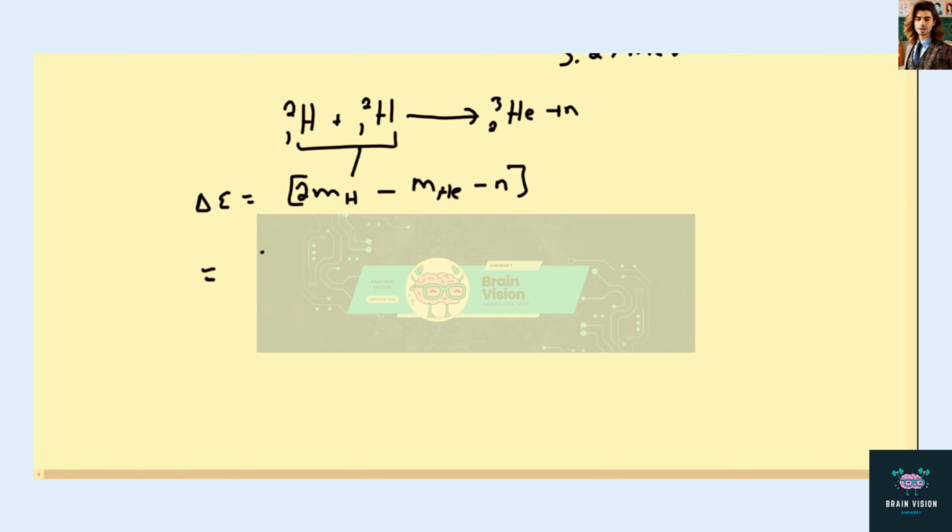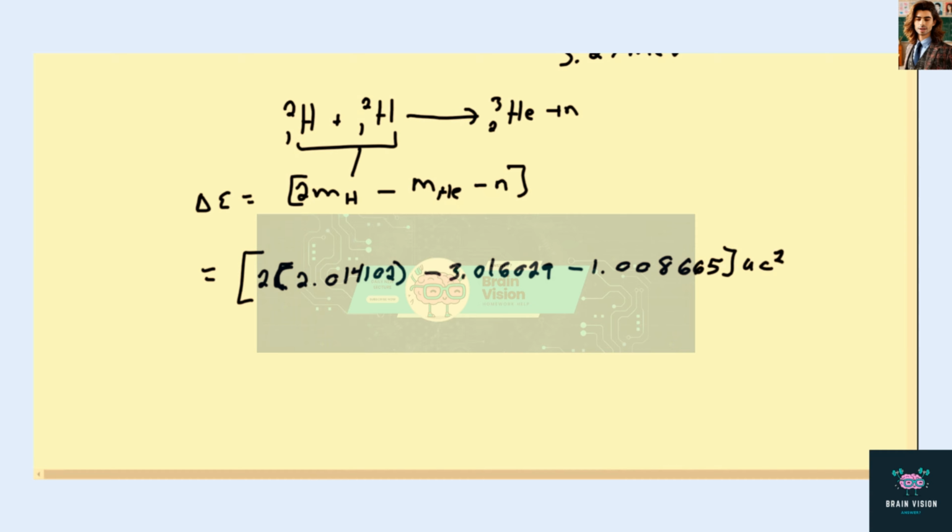And now we can just do plug and chug, and we round that out a little bit for parentheses: 2 times 2.014102 minus 3.01609 minus 1.008665. And I'm just going to bring the u out, and there's a C squared.